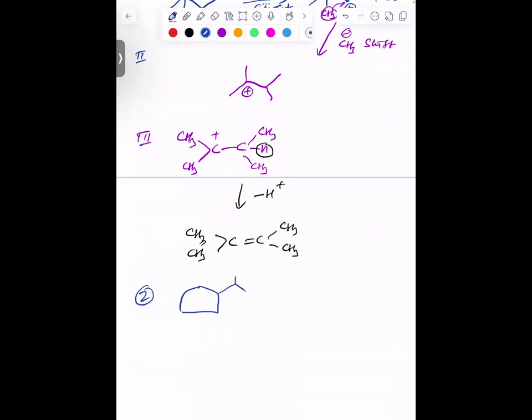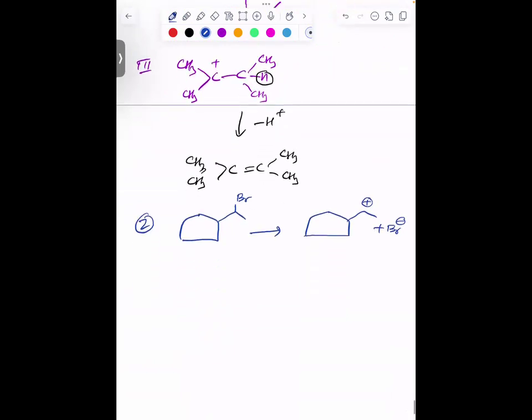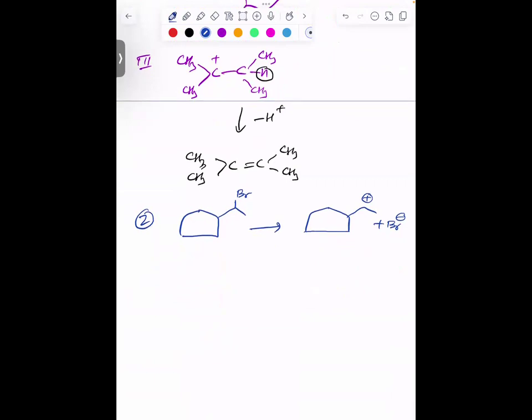By the action of polar protic solvent, bromide will be released. So this is the carbocation.